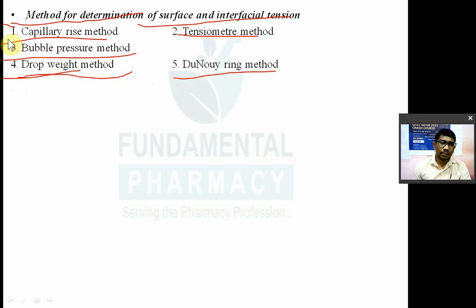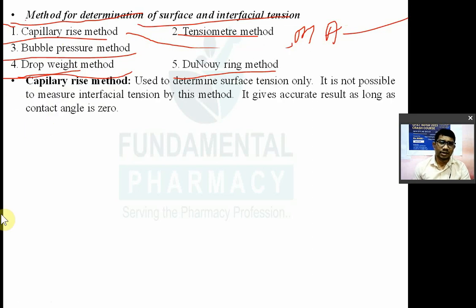So: capillary rise method, tensiometer method, bubble pressure method, drop weight method, drop count method, DuNouy ring method. तो इसके ऊपर क्वेश्चन आता है. The capillary rise method will give you the most accurate result. These are the methods to measure the surface tension and interfacial tension. पहला मेथड है आपका capillary rise method.